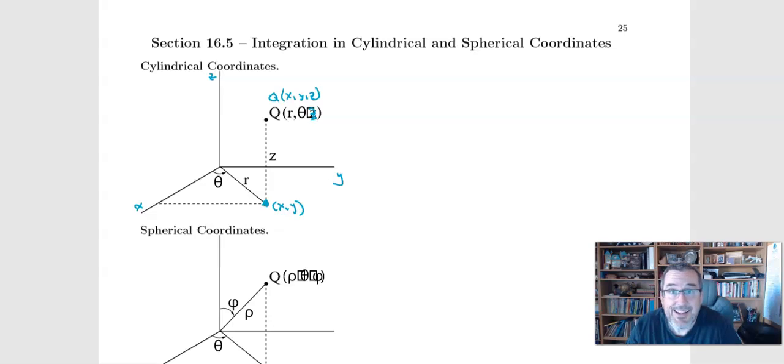It's polar coordinates. Cylindrical coordinates are really just 3D polar coordinates. As you'll see as we work through this, we might need to convert from rectangular to cylindrical. As in the last review, where we went from rectangular to polar, we need some conversions here.